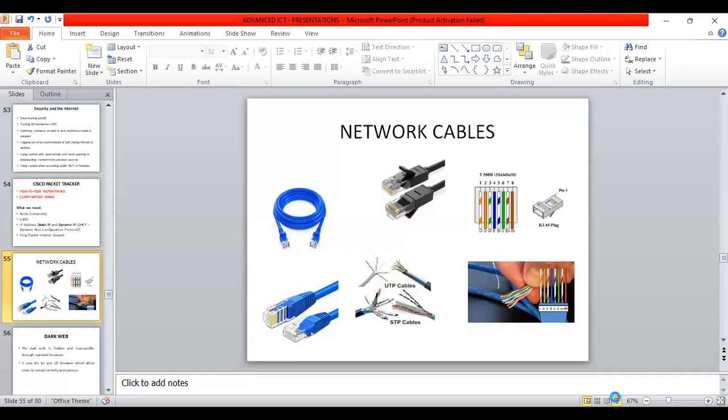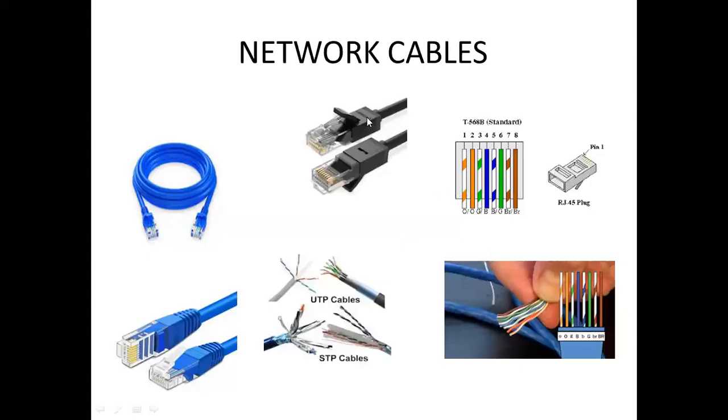Now you can see that this is how the cables look like. You see a cable with a port. This is how the port looks like. Inside this port, we have 8 wires, 1, 2, up to 8.